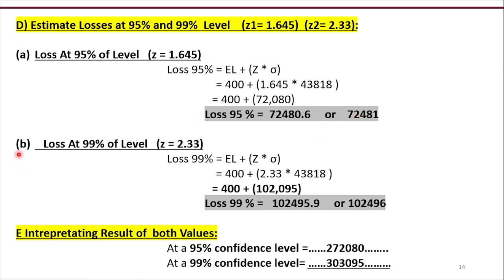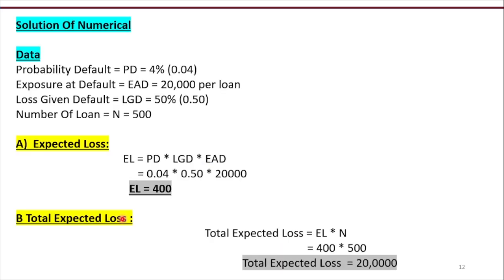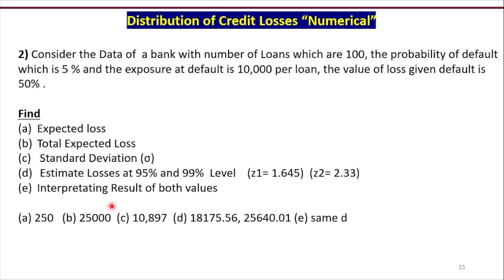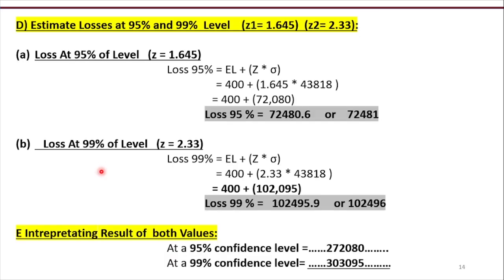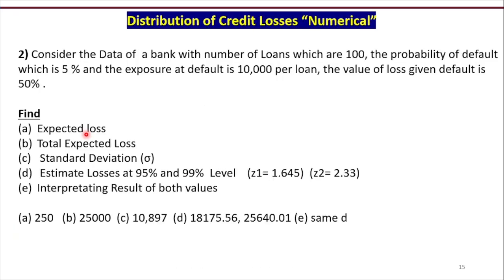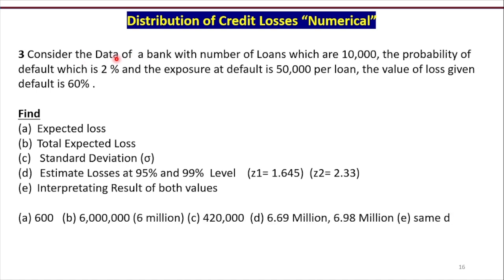So the same answer for D and E. Okay, so this is the solution of question number 1. It is the same numerical, but some values change. You have to match the answers by following these steps. So you have to practice this on your own, question number 2, question number 3.